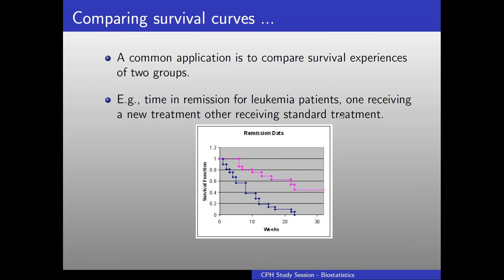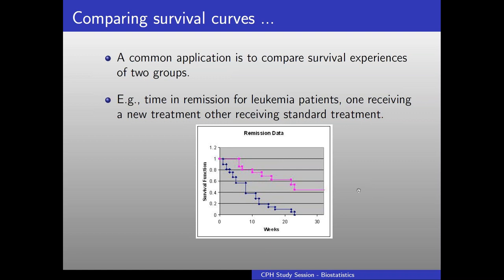One group is getting the intervention, the other one is getting standard treatment. Visually you might be able to see that the survival experience of this pink line up here is better than the blue line down here, because this one goes all the way down to 0, but this one stays around 40-some percent.